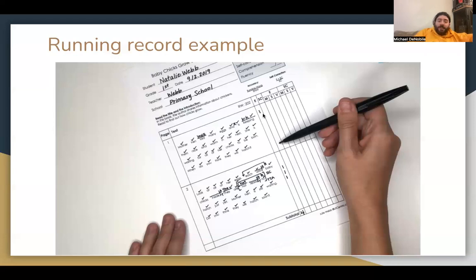And the point of this is to show the behavior. In this case, it's reading. It could be any behavior, social emotional behavior, academic behavior, that we want to keep a record of over time, and we want to have this numerical understanding. What's the frequency and things of that nature.